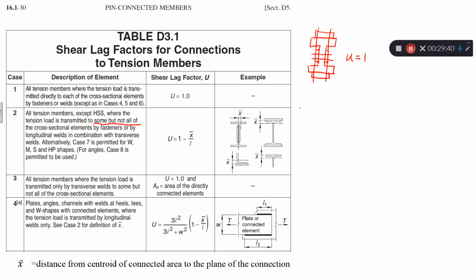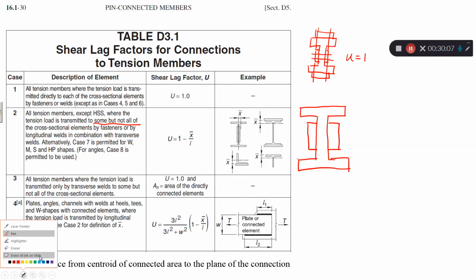take the same example of the I shape. So let me draw it larger. Okay, so you have a W shape or I shape, and it is connected on its web. Now how to determine x bar? In this case, we typically want to divide it in half.